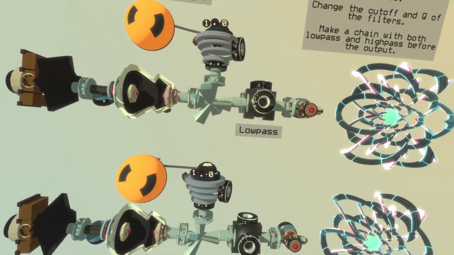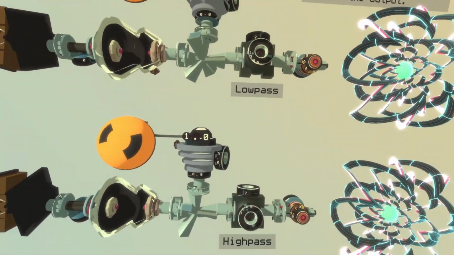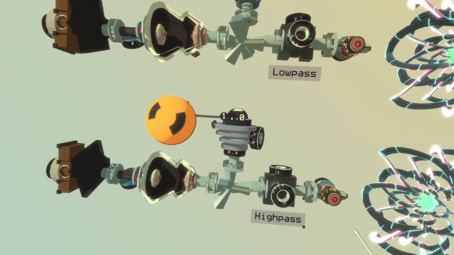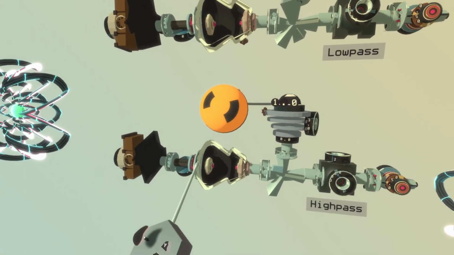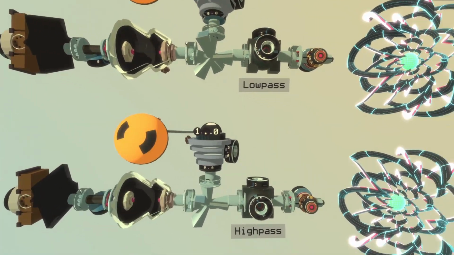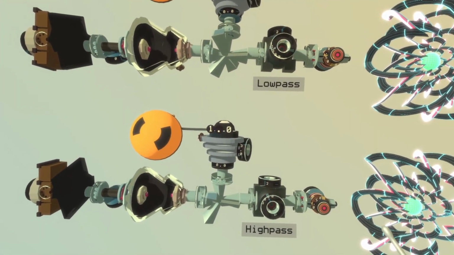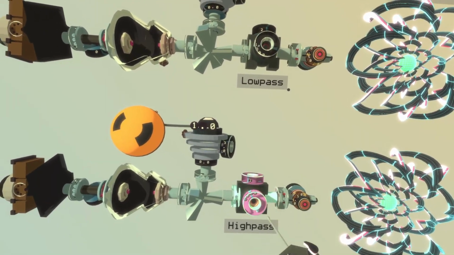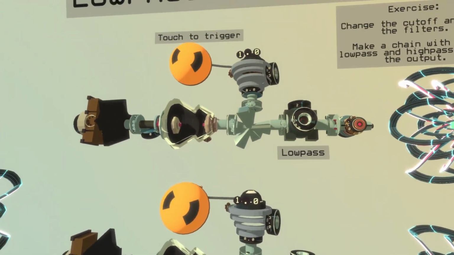Just like the low pass, we also have a high pass filter that has exactly the same controls. And this will remove the low frequency content from the sound and keep only the bright part. And we have just the same controls, frequency and Q factor.